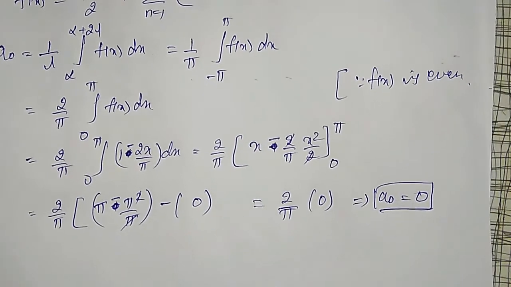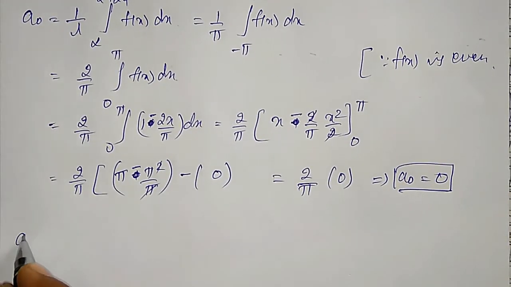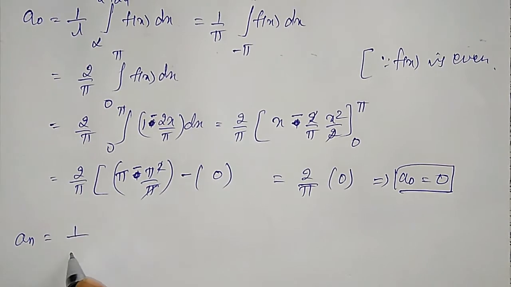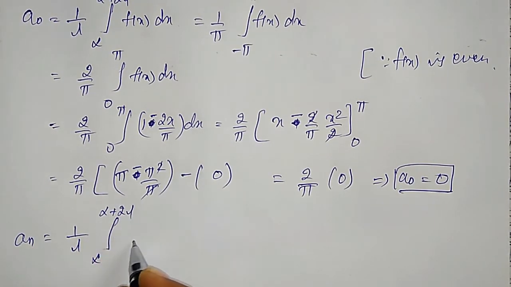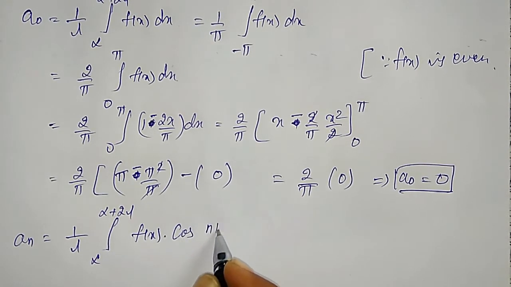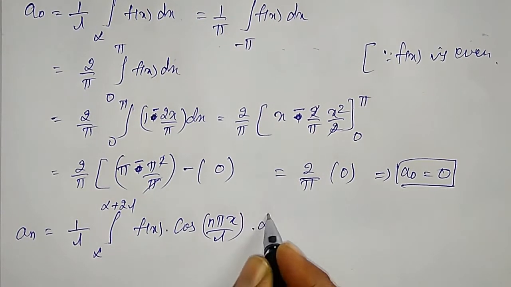Like that, an I have to calculate now. Okay, to calculate an, the formula is 1 by l integration from alpha to alpha plus 2l of f of x into cos n pi x by l into dx.